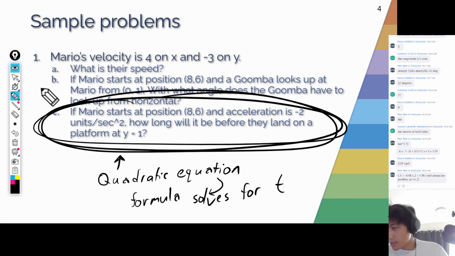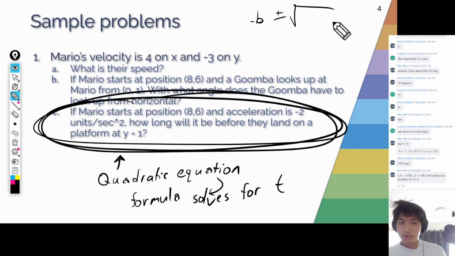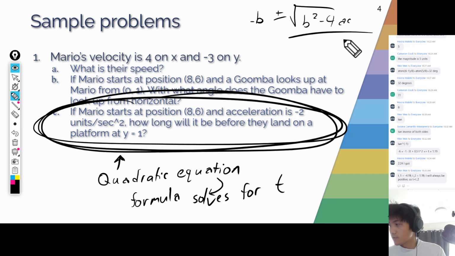And in our case, it's going to be solving for t. The quadratic equation is negative b plus or minus the square root of b squared minus 4ac, over 2a. That thing.